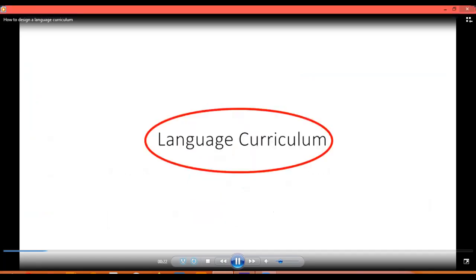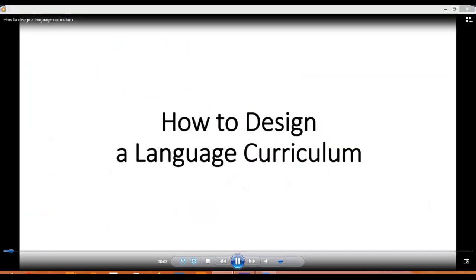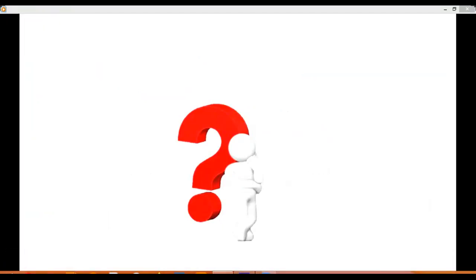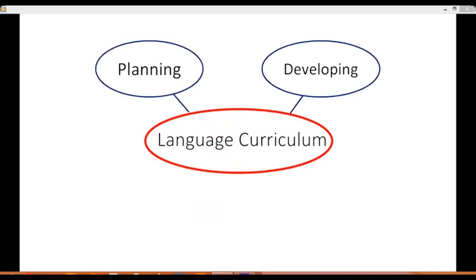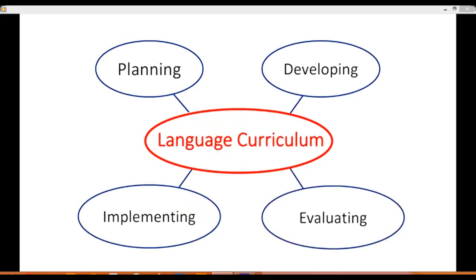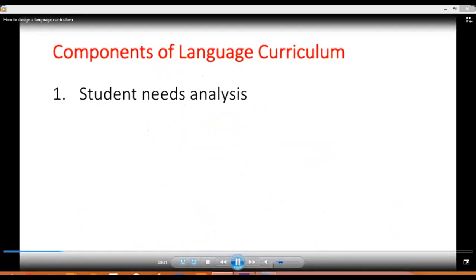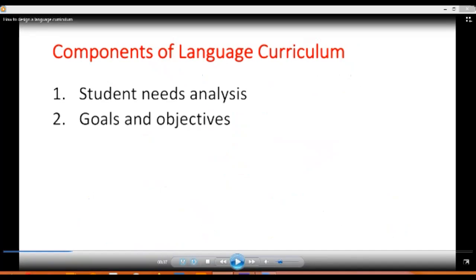Language curriculum is an overall product of planning, developing, implementing, and evaluating teaching activities. It is basically composed of 5 parts, including students' needs analysis, goals.